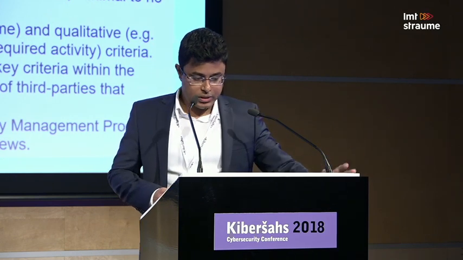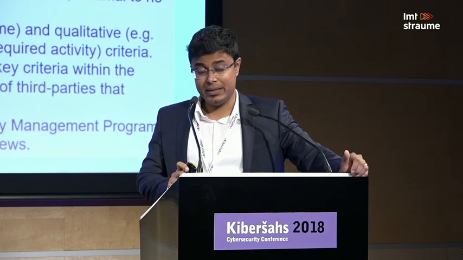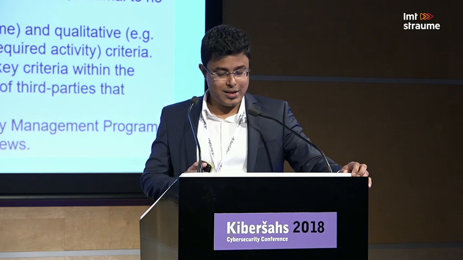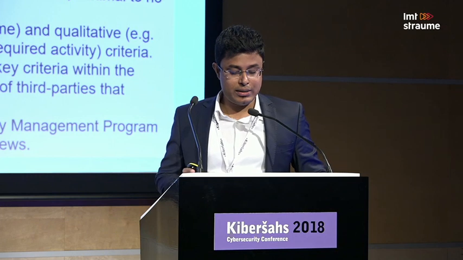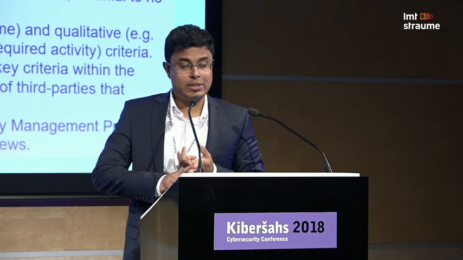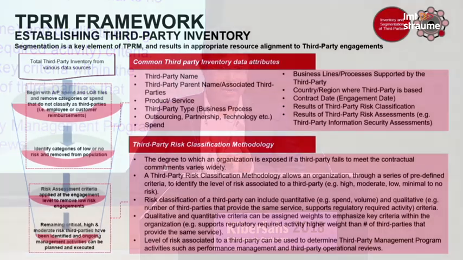So the third-party risk approach: as I said, many companies are still struggling with identifying their single master source for vendors. The first step is taking the total inventory from various data sources, and this involves even getting it from accounts and finance, to ensure that we are not missing out on any vendors.